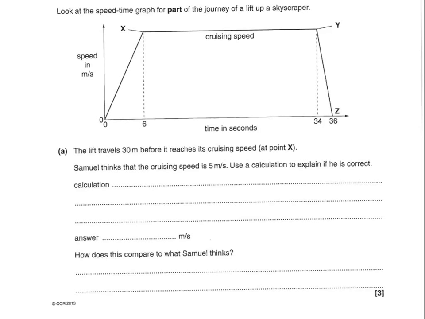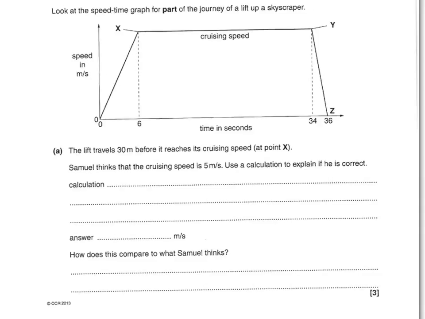Now remember, speed times time equals the distance. So this area underneath the triangle here is going to equal 30. So this means that 30 is going to equal the speed times 6, so that's s there, not 5, times 6, so speed, which is this distance, times 6, divided by 2.